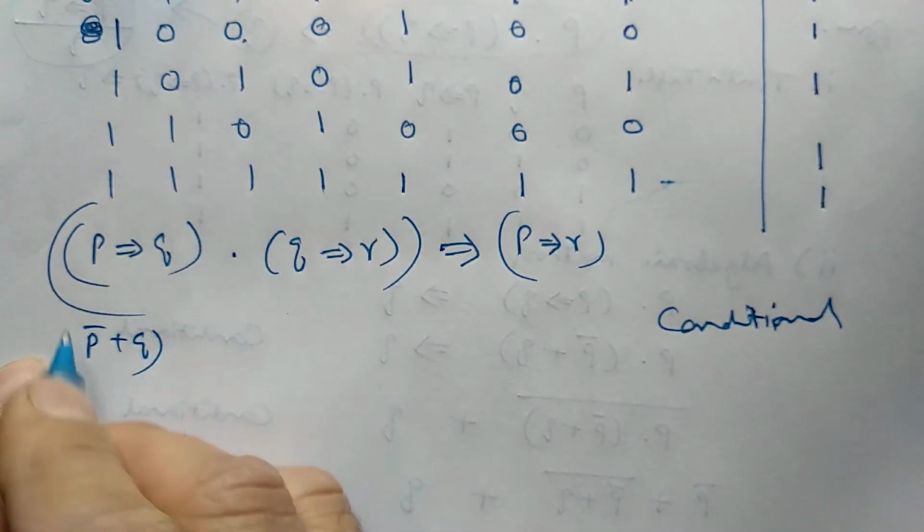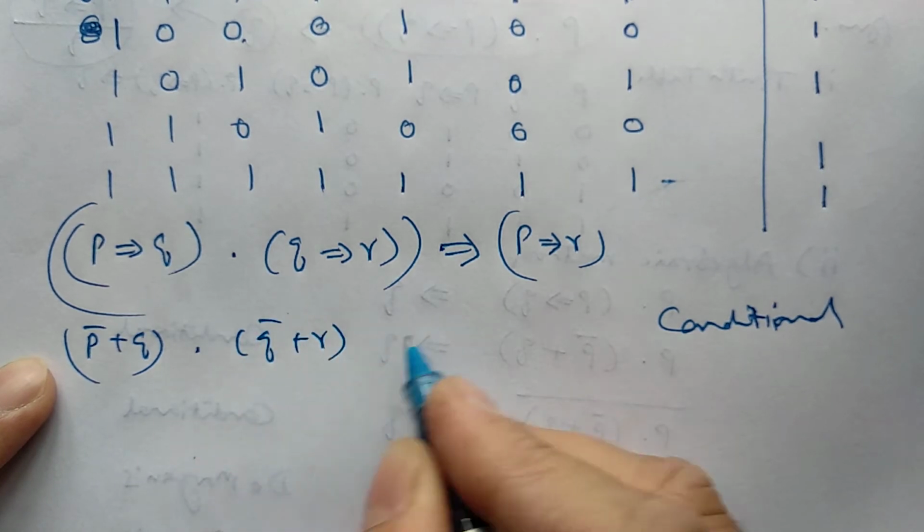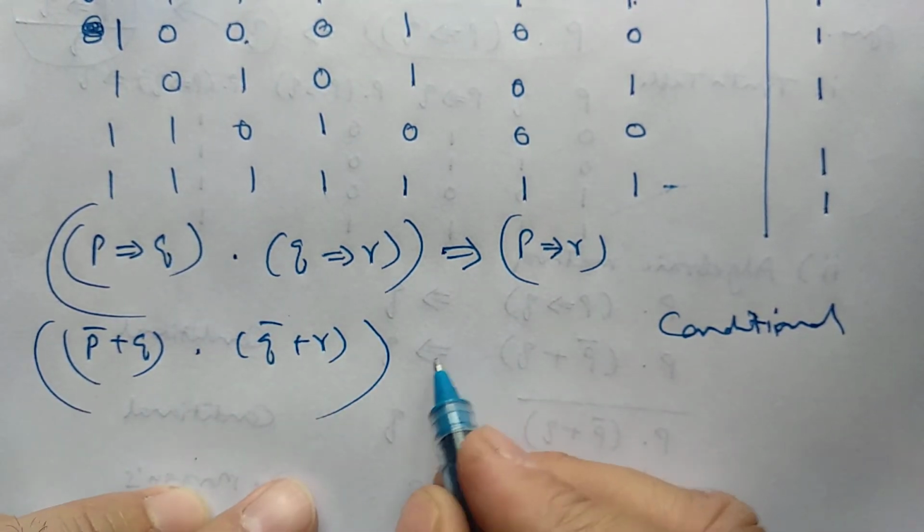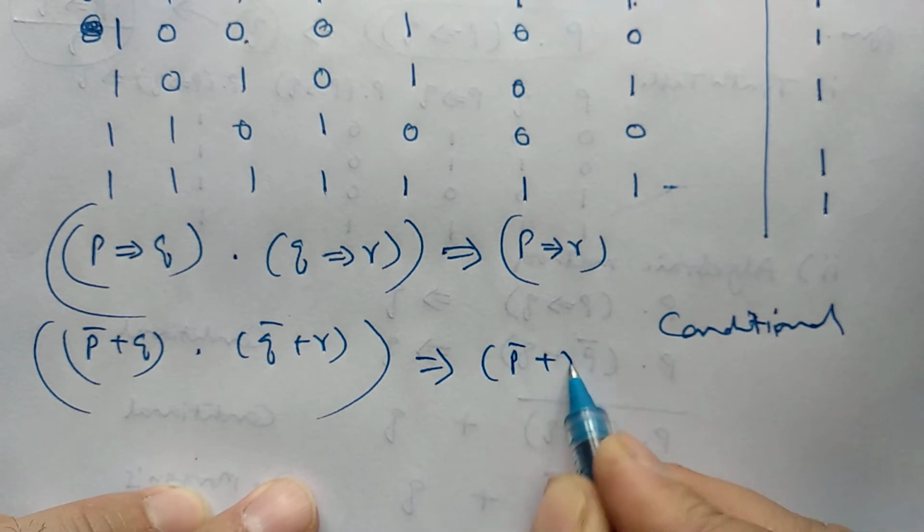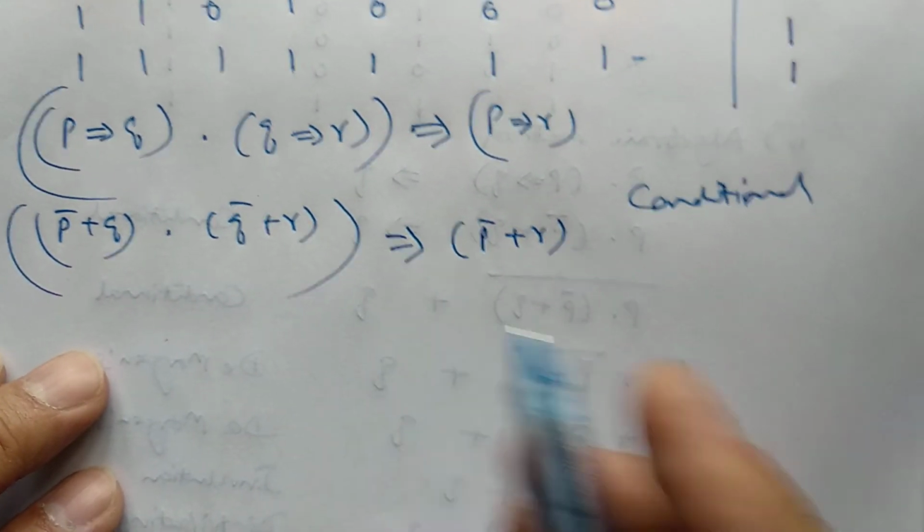P naught or Q, Q naught or R implies P naught or R. Again open this and apply conditional.